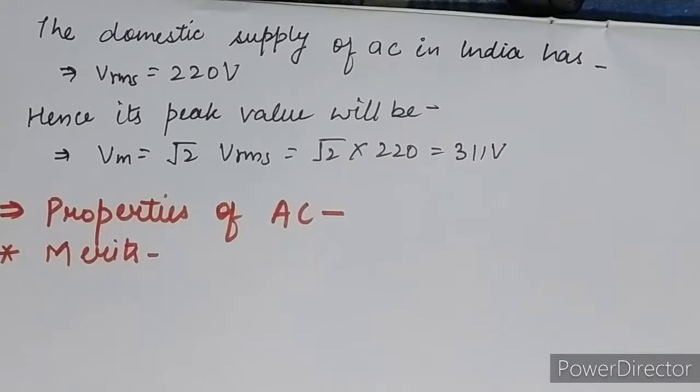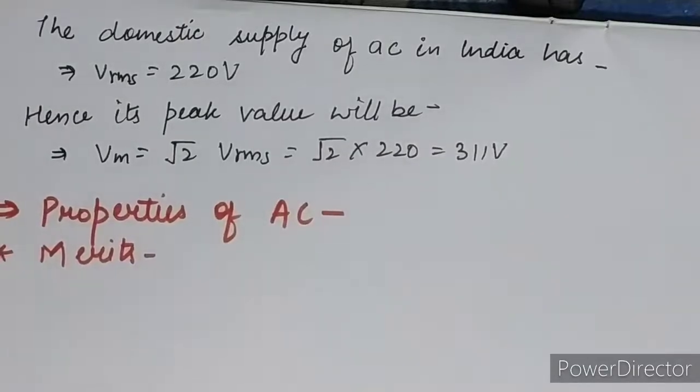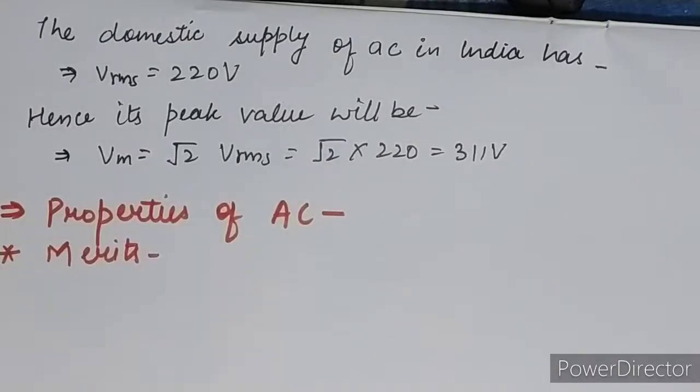Now the third one is that alternating current generators and motors are more rugged and convenient in operation. Also their cost is less than the DC generators and motors. That's why we use AC, because they are very convenient to operate, cheap in cost, and easily available in the market.